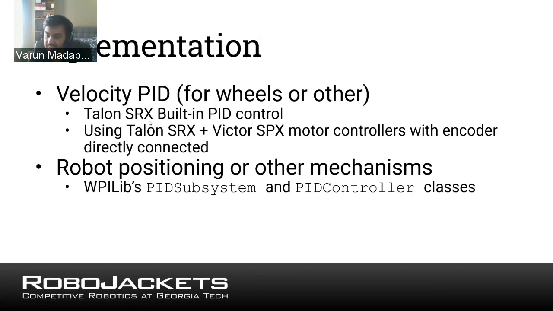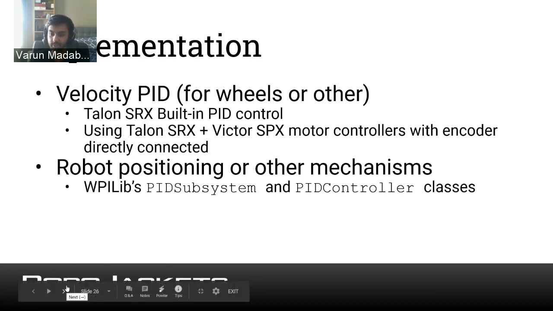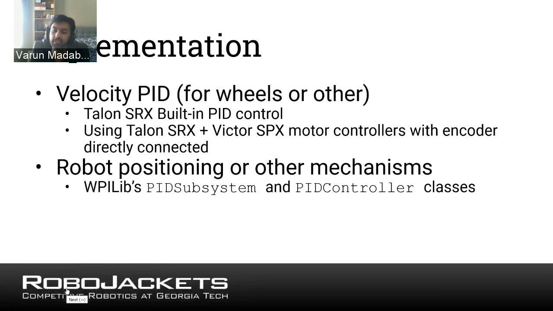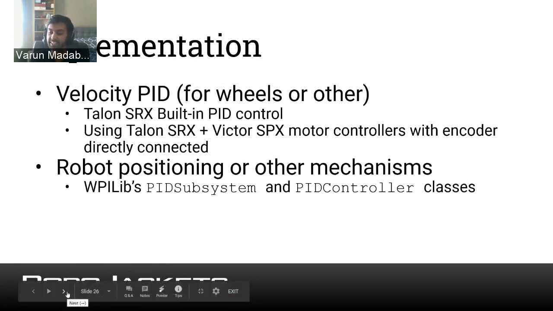So with the Talon SRX plus the Victor SPX motor controllers, you can combine those together and you'll have closed loop feedback directly within the motor controllers. You don't even have to write a single PID loop yourself. However, what you do need to do is tune those PID loops to make sure that the correct KP, KI, and KD constants have been selected.